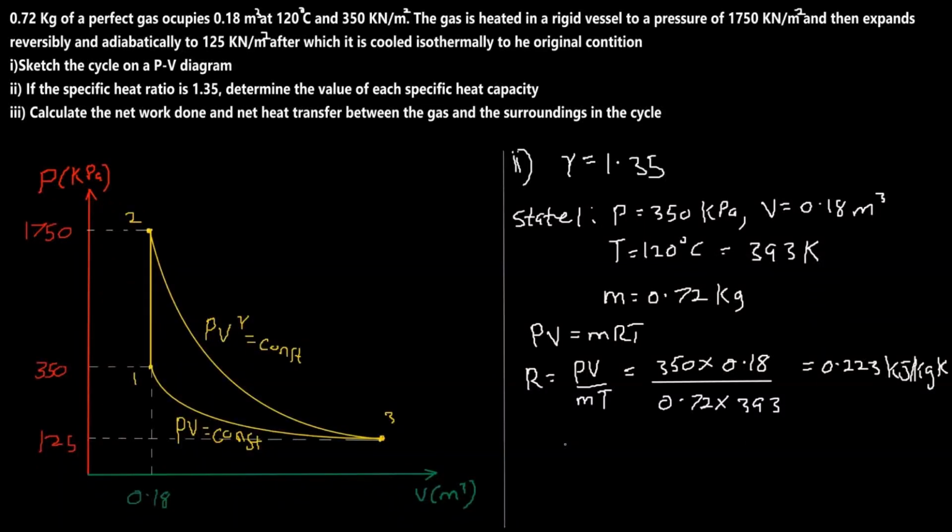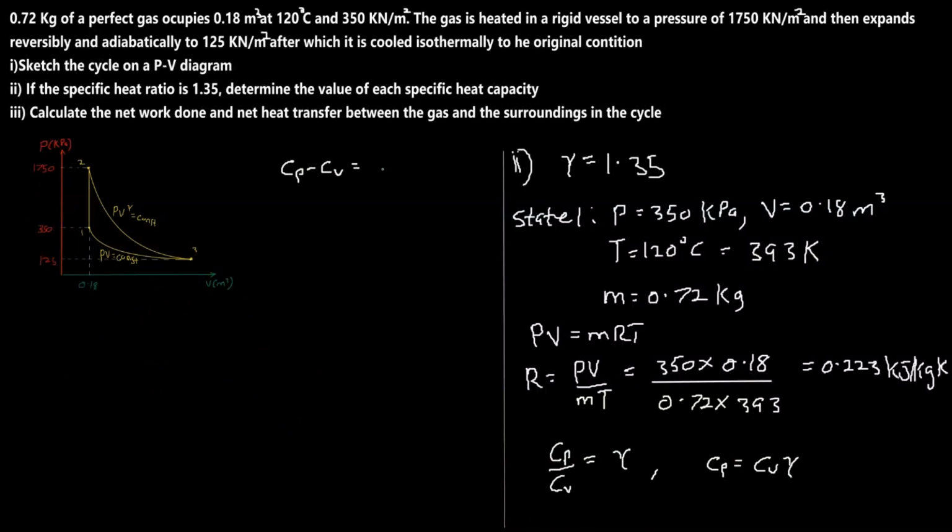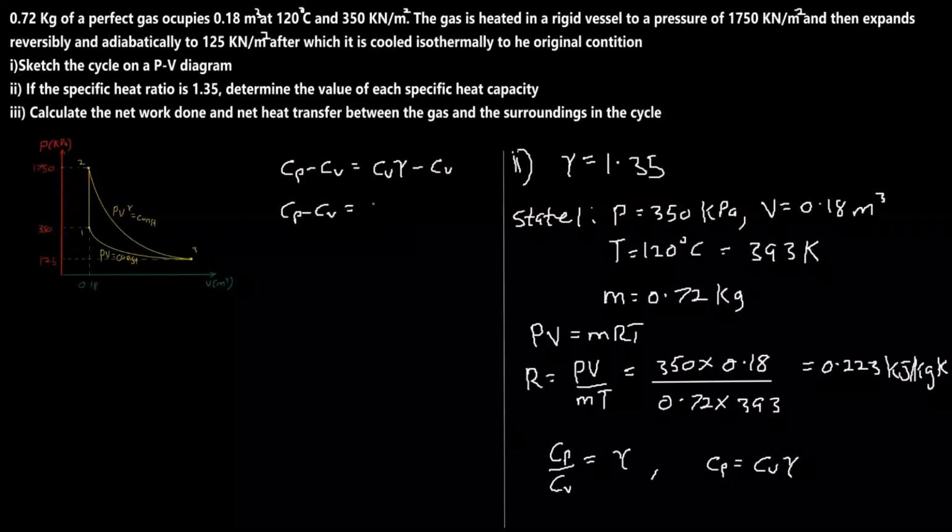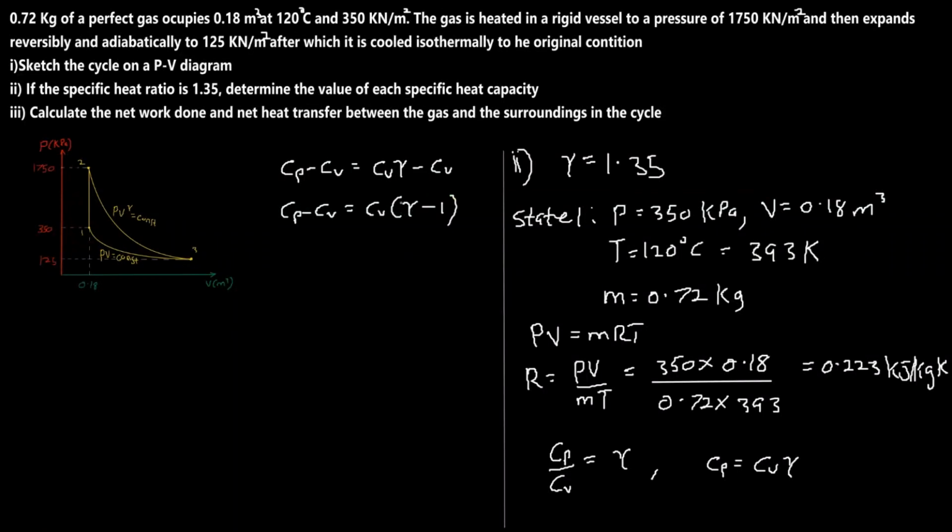Now that we know R, we can find our specific heat. If Cp, the specific heat at constant pressure, divided by Cv, the specific heat at constant volume, equals gamma, the specific heat ratio, then Cp equals Cv gamma, and Cp minus Cv equals Cv gamma minus Cv, or Cp minus Cv equals Cv into gamma minus 1.